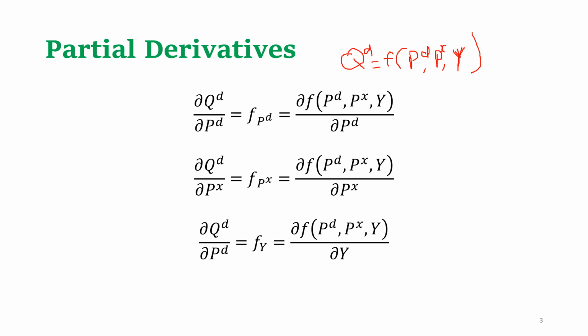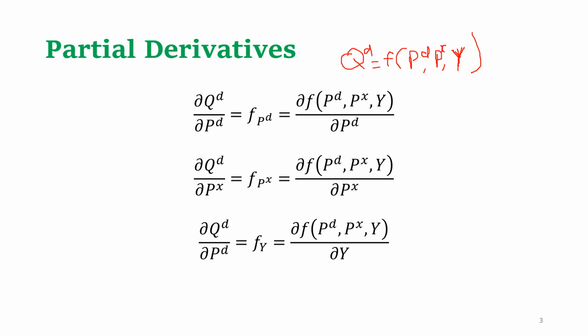Now look at my Y. Look at the way I'm writing my Y. Oh boy. So that is the function, right? So the partial derivative of this demand function with respect to the price PD is given as what? F PD.